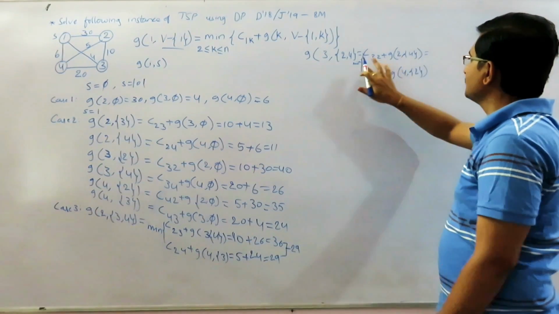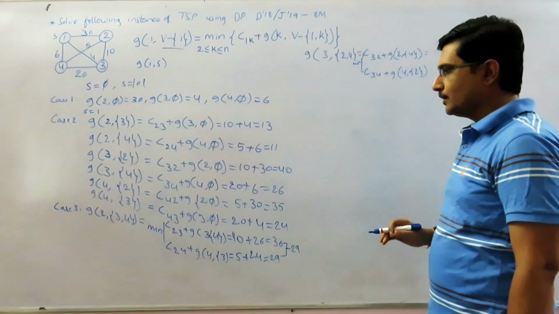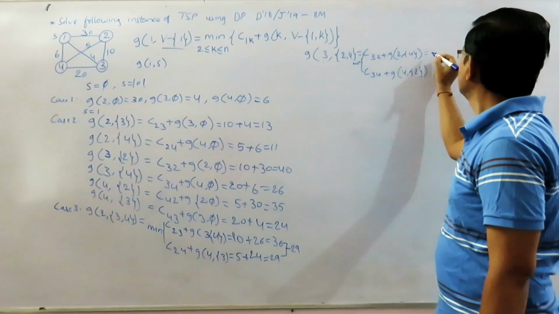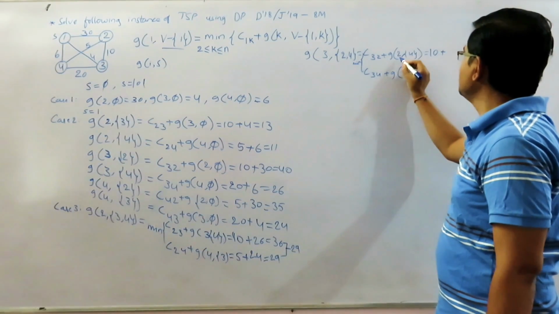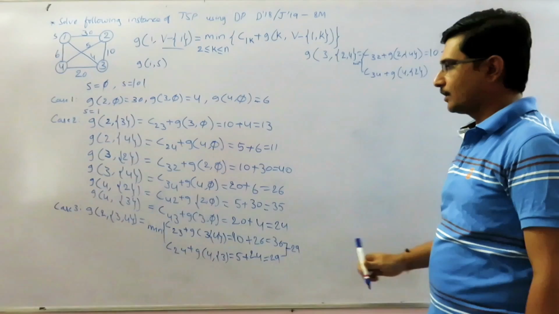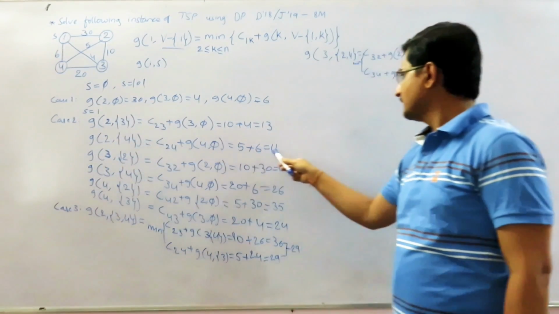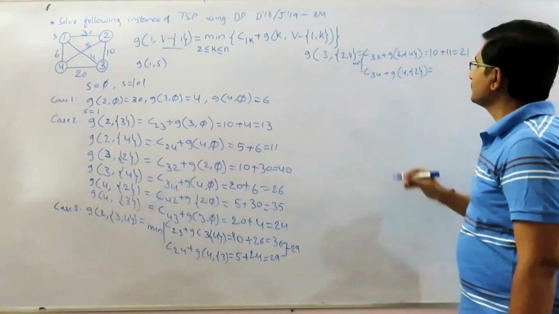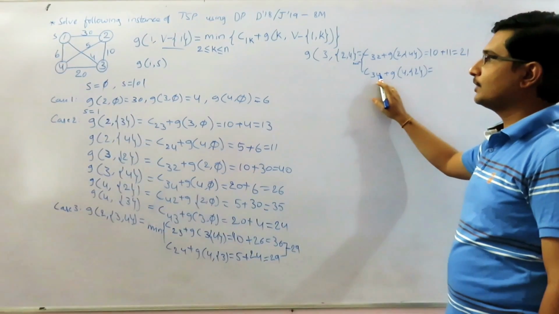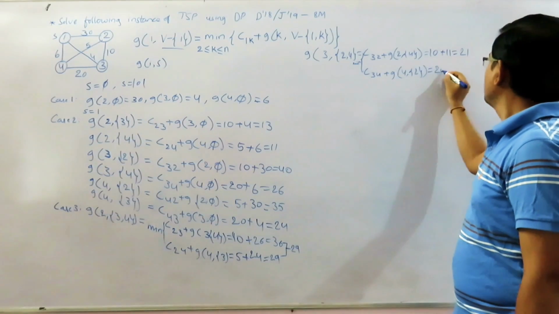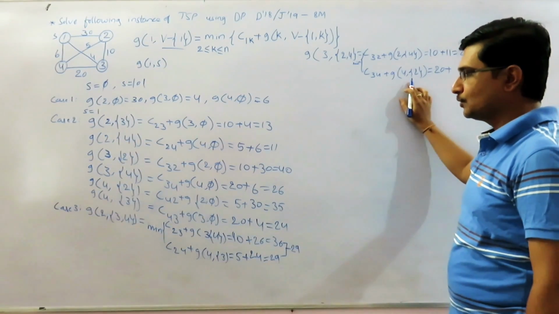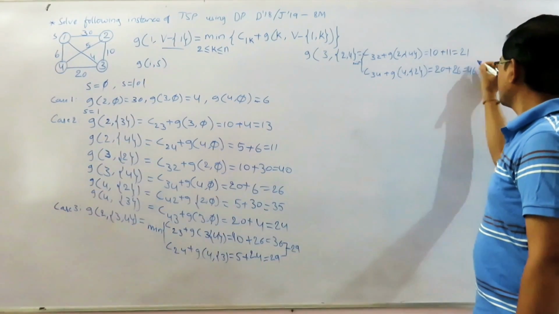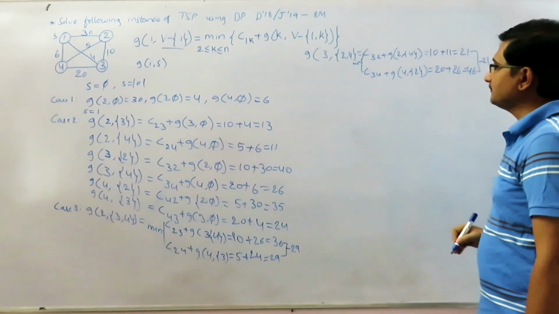C32 is 3 to 2. The cost of 3 to 2 is 10 plus G of 2 to 4. 2 to 4 is 11. So this is equal to 21. This is equal to 3 to 4. 3 to 4 is 20 plus G of 4, 2. 4, 2 is 26. So here we are getting 46. Out of these two, 21 is the minimum.